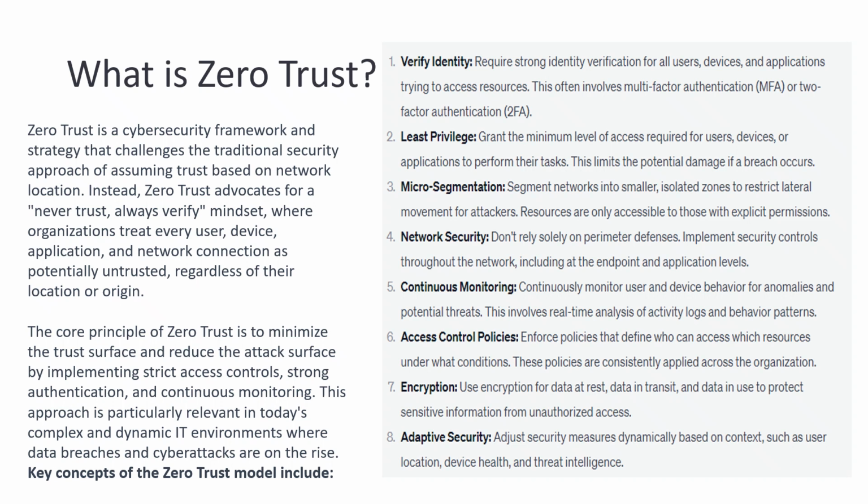Take a moment to go over these concepts and try to understand them, because if you don't understand them, of course, there will be many questions in this exam concerning zero trust.